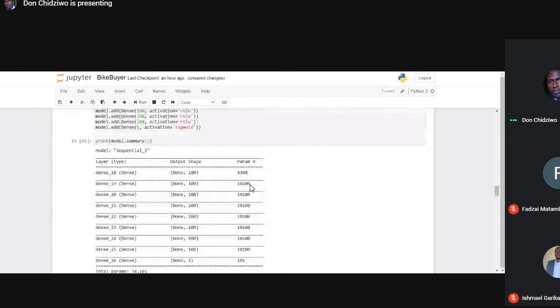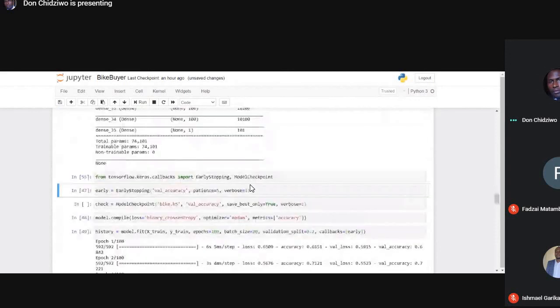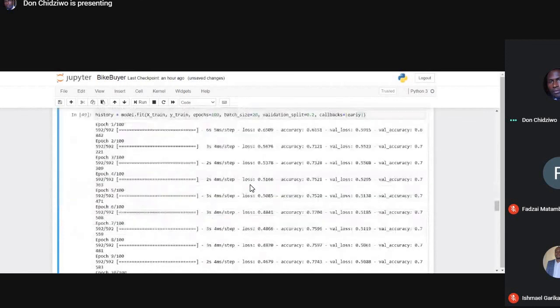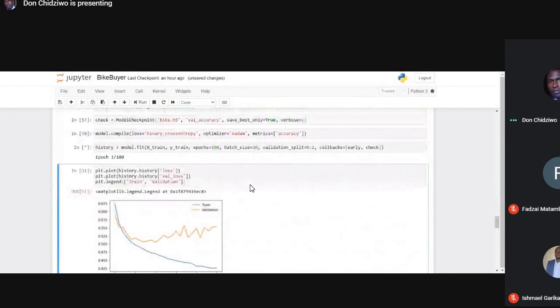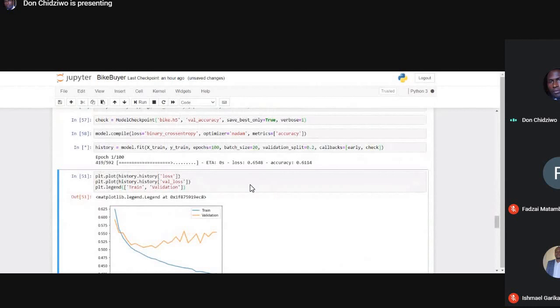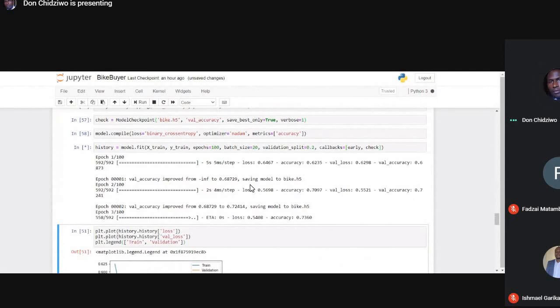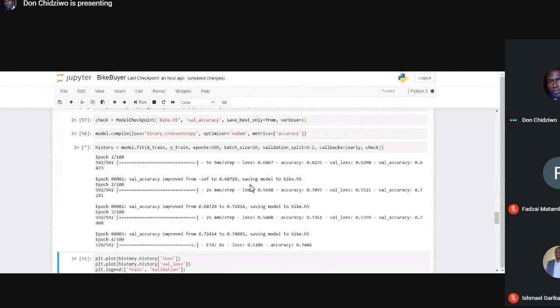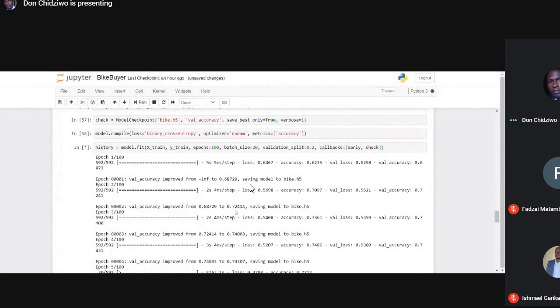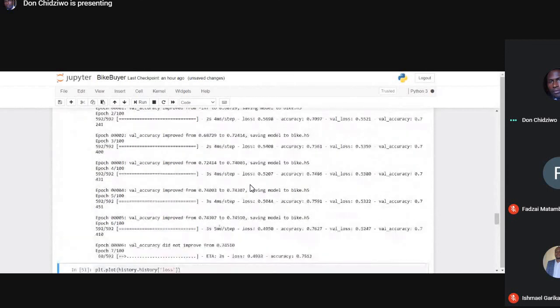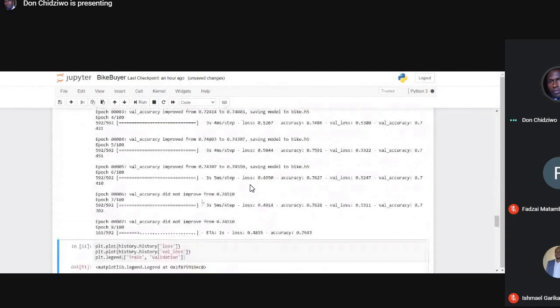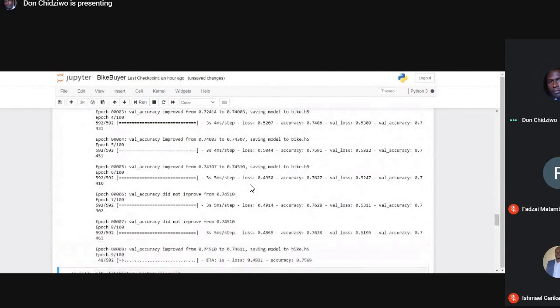So going through the same process again, early stopping and the checkpoint. I want you to see the difference in the output. What's it saying? Saving model to file. So whenever the model improves, it saves. When it does not improve, it doesn't save.